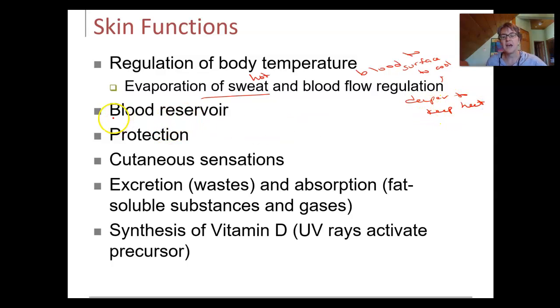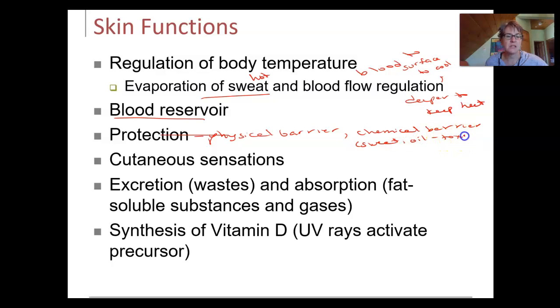All right, and we have it as a place where blood hangs out in your skin. It is a physical barrier because it physically blocks things from getting inside of us. It is a chemical barrier because, like we saw, sweat and oil have some toxic properties or bacteria.